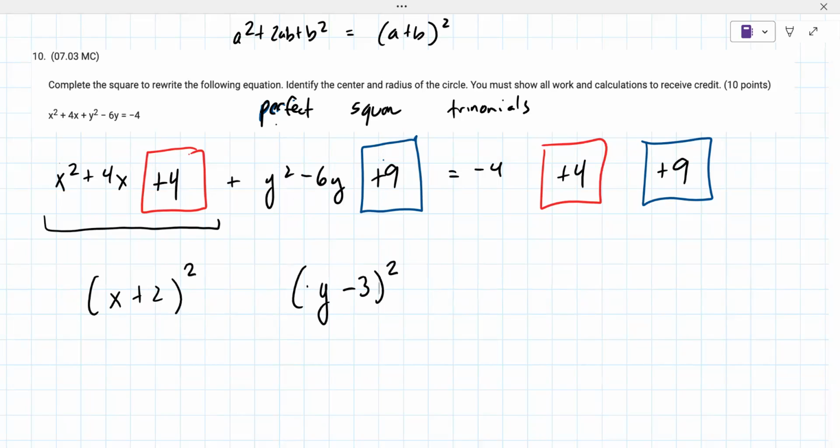Because the number is negative, it would be minus, exactly. Now there's a plus in between them, equals. From here, you have -4 +4 +9, 9 total, like that.